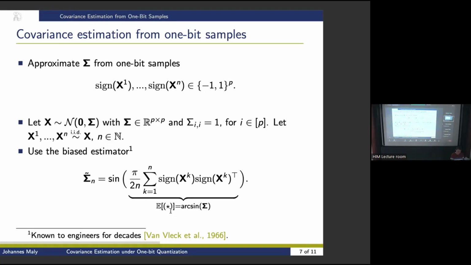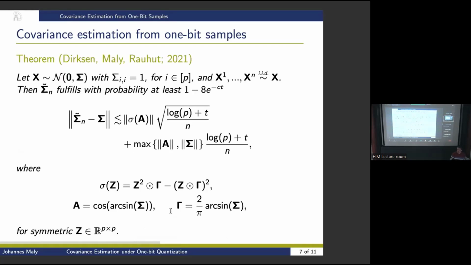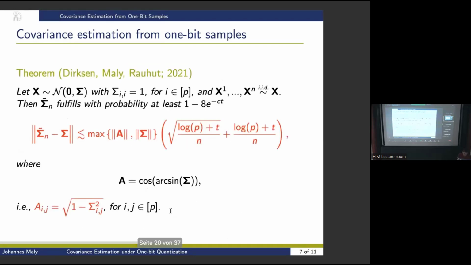Right. What we now did was give a non-asymptotic analysis. Several things appear here that weren't there in the original result for unquantized samples. But if we simplify it a little bit, you see the form is very comparable. You have the subgaussian sub-exponential tail, but here the p vanished, and instead a strange matrix A appeared.